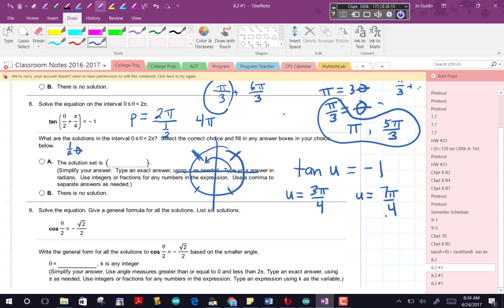Oops, did I write down what u was anywhere? What did we let u be equal to? So theta over 2 plus pi over 4.